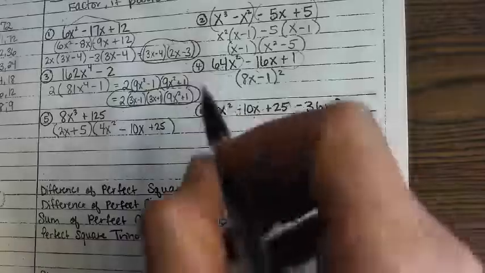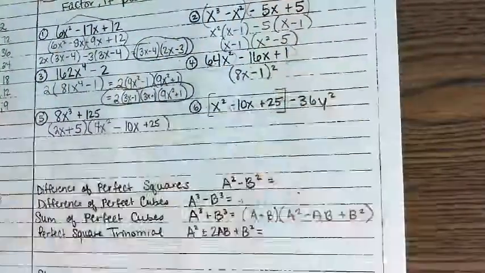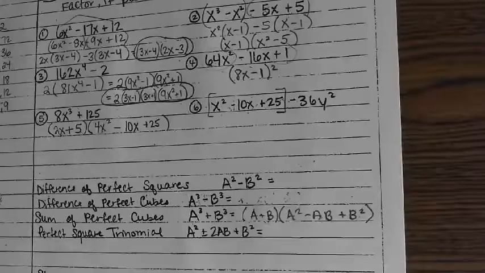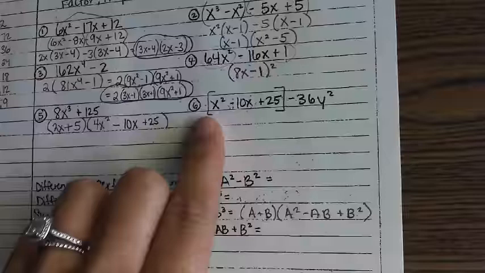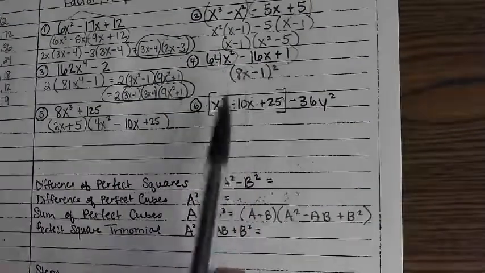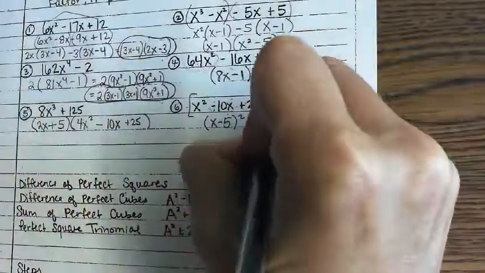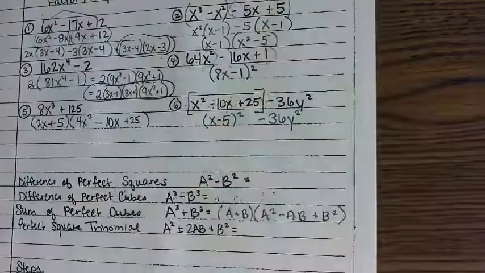So in this particular one, you'd want to maybe pick up on this special trinomial right here, which is factorable, because this is a perfect square trinomial. This has a square root of x, this has a square root of 5, 5x doubled gives us 10x. So this factors into x minus 5 squared minus 36y squared.